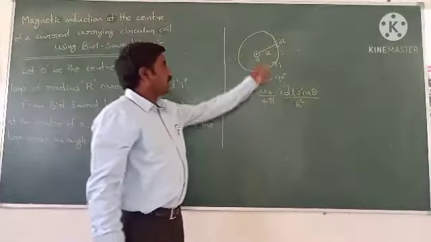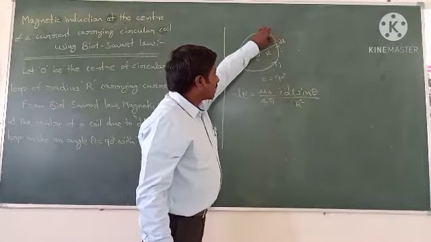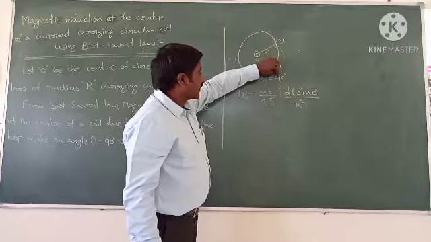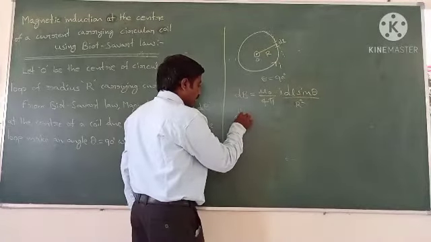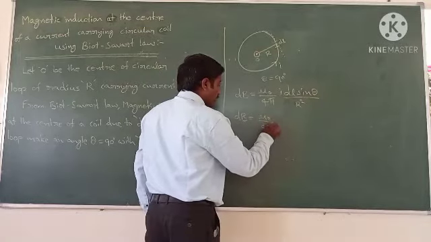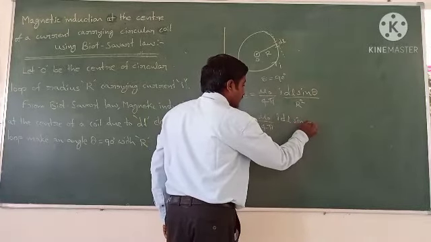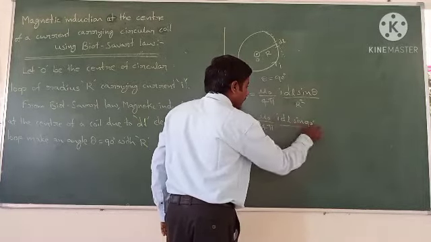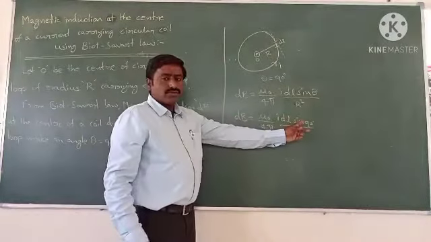Now apply that Biot-Savart law here. What is the angle between dl element and position vector? 90 degrees. So substitute that 90 degrees here. Then you can get dB equals mu naught by 4 pi, I dl sin 90 degrees by r square. Sin 90 equals 1.